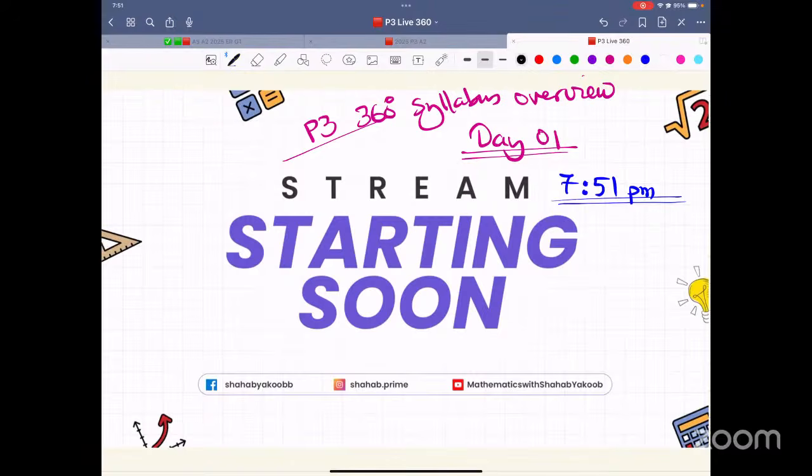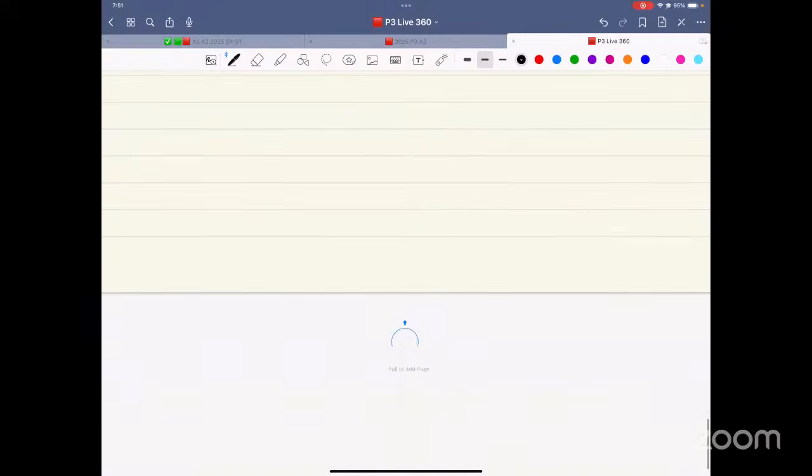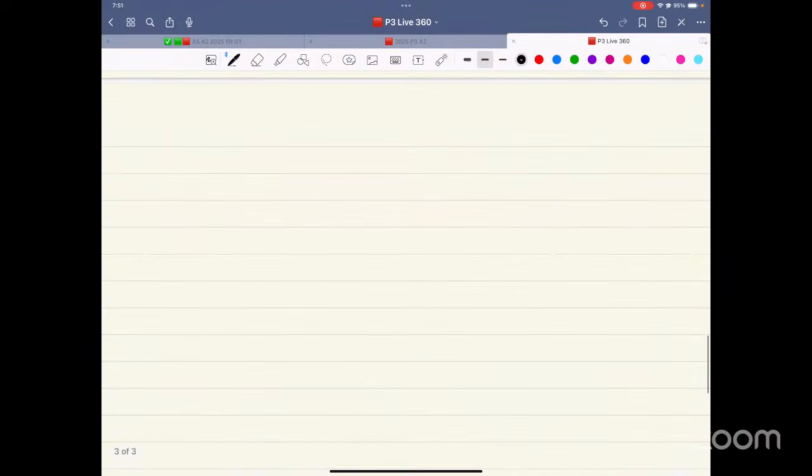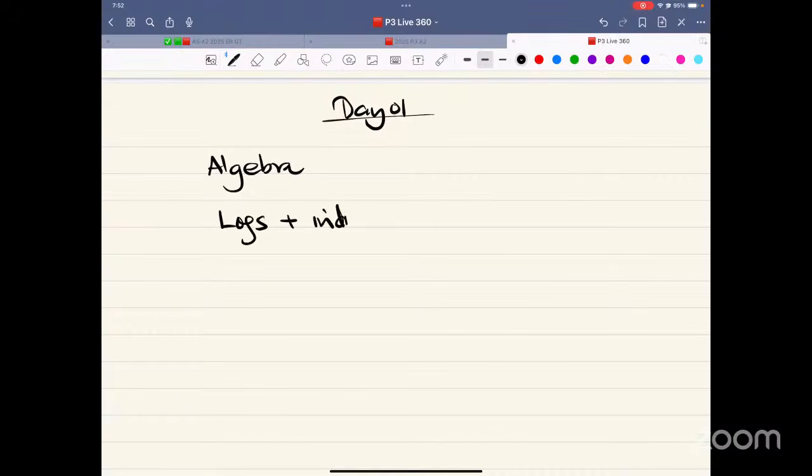So now I'll try to complete half of P3 today, half of P3 tomorrow. Of course, the focus will be on major topics. It is an overall syllabus overview. So now, day one, it will focus on algebra, logs, and indices. And then the third one, that is trigonometry.